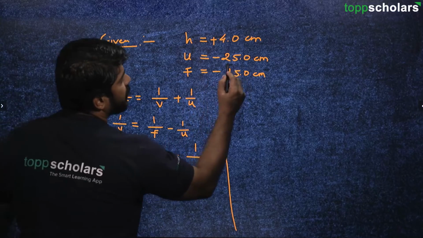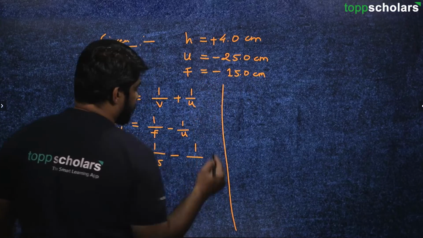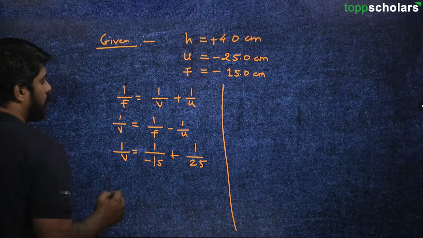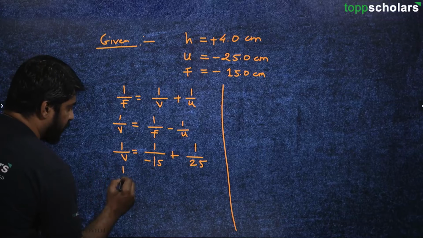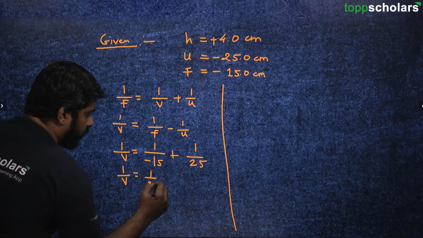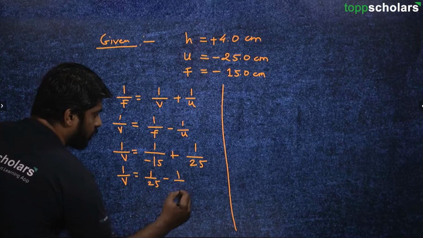So u over here is 25 centimeter, it's minus. So minus minus would be plus. So after rearranging, what we get is 1 upon v is equal to 1 upon 25 minus 1 upon 15.